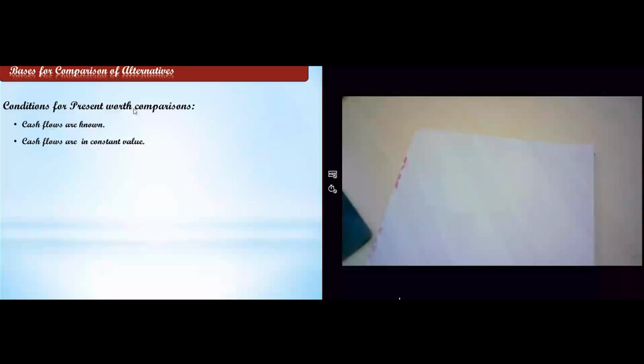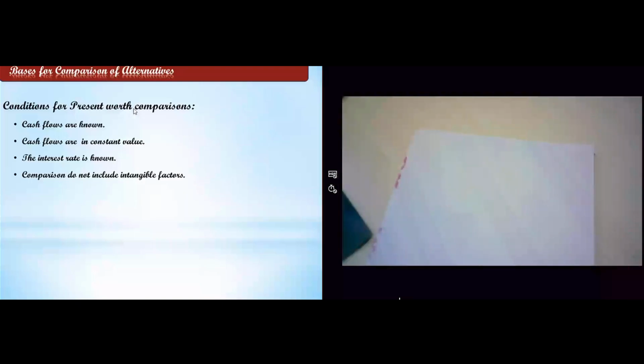Then the interest rate would be known, so the value of i would be known. Then the comparison does not include any intangible factors. We will be considering only the cost factors, but we are not going to calculate anything relating to the quality of the machine.